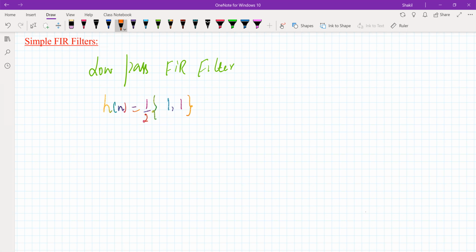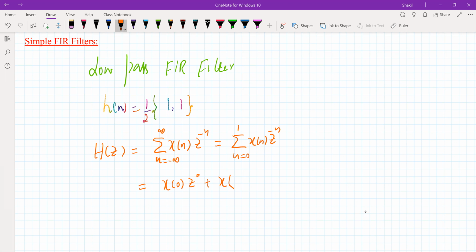First I'll obtain the Z transform. So H of z will be the summation over m running from minus infinity of x of m z to the power minus m, and since this is non-zero only for 0 to 1, and the rest of the values are 0, substituting the values of x of 0 and x of 1, we'll have x of 0 z to the power 0, plus x of 1 z to the power minus 1.